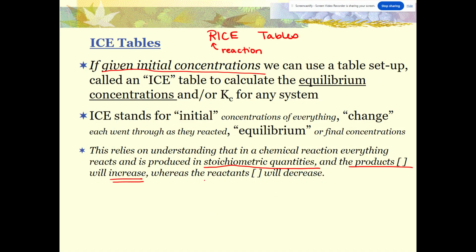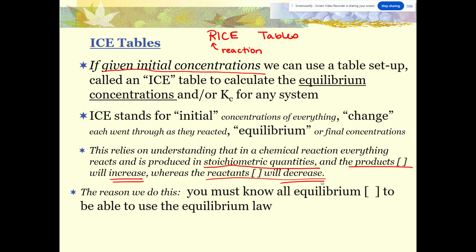The reactants will always be going down, because they are used up and their concentrations decrease, whereas the products are being made. Again, we're doing this because in order to solve for Kc, we need to know the equilibrium concentrations.